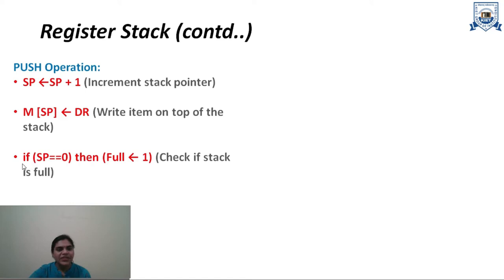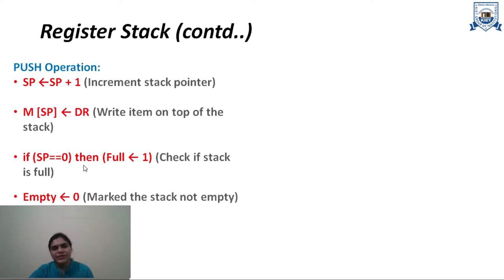Next, we will check the stack full condition. After making insertion, we will check whether the stack has become full or not. If the stack pointer is again pointing to 0 after making insertion, we can say that the stack has become full. For that, we will set the full flag register to 1.